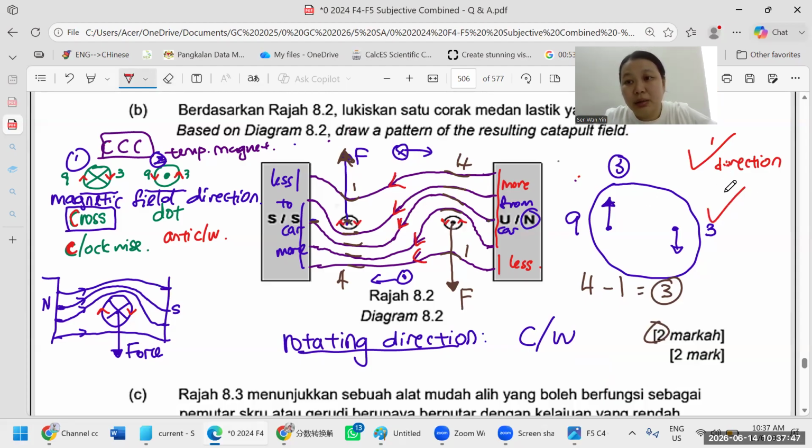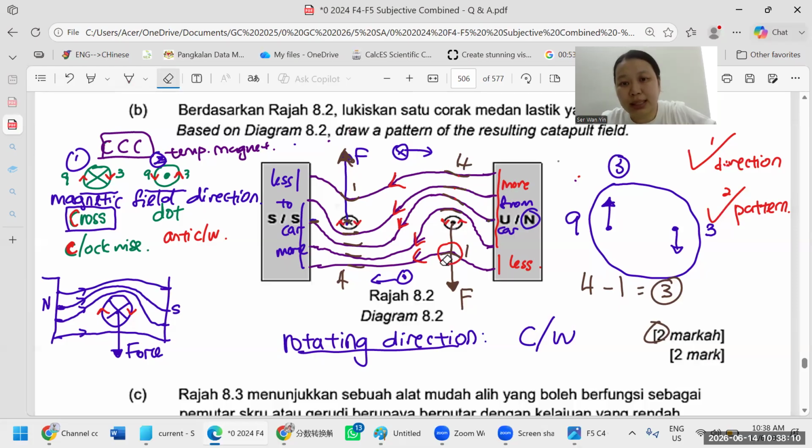Second is your pattern correct. Must be the dots here, for this case only, must be 1, 2, 3, 4. Up has more magnetic field lines than bottom. This side, up is less than the bottom one. Okay?